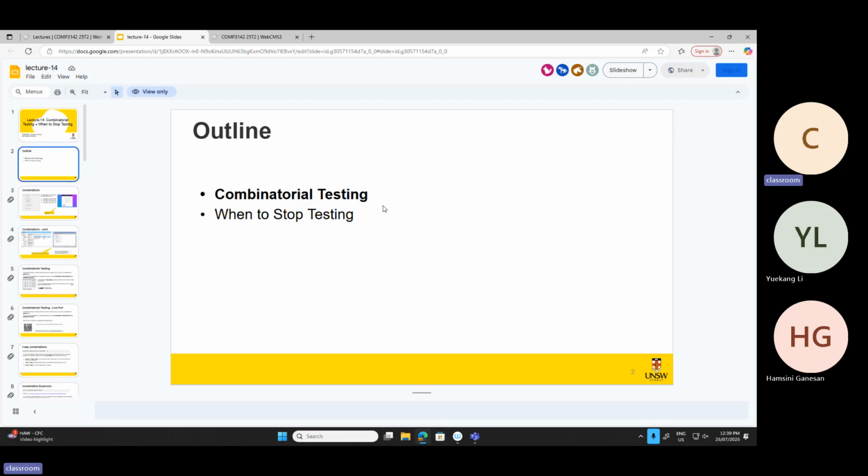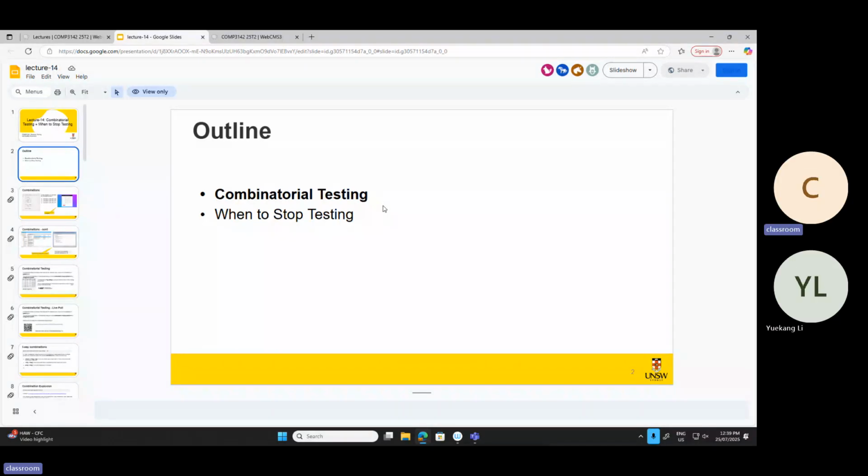However, even when we do combinatorial testing, we may have some redundancies, and we can remove these redundancies using the covering array. But constructing the covering array is not simple. We can use the greedy algorithm to construct covering arrays. But the drawback of using the greedy algorithm is that the calculated covering array may not be the global optimal. And that's about combinatorial testing.